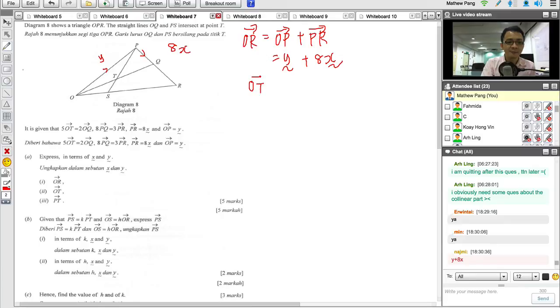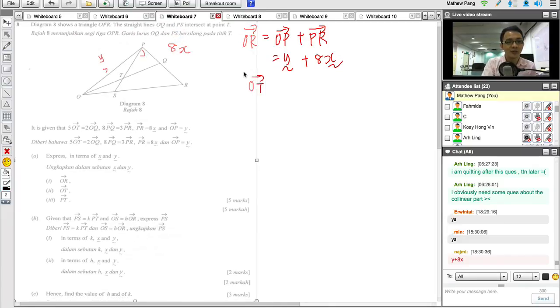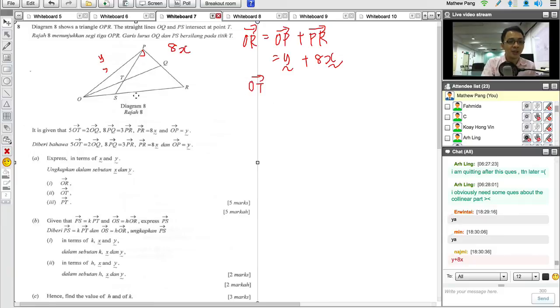And then OT, where's OT? You need to find OT. We have 5OT equals 2OQ, right? So that means we need to find OQ first, and then we should have the ratio. I will not straight away find OQ. I will solve the other thing first.